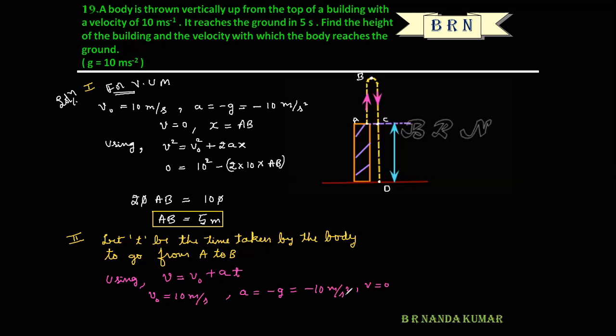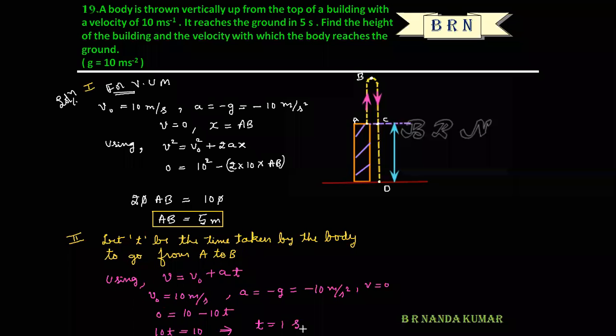Substituting these values, V is 0, V naught is 10, so minus 10t. So 10t is equal to 10, so t is equal to 10 divided by 10, that is 1 second. The time taken by the body to go from point A to point B is 1 second.